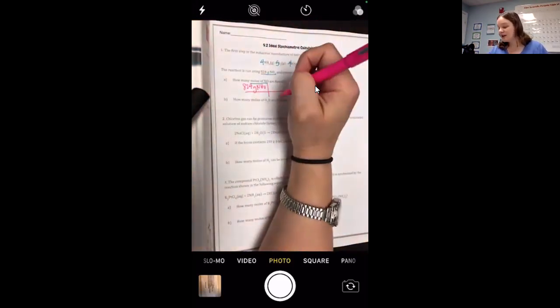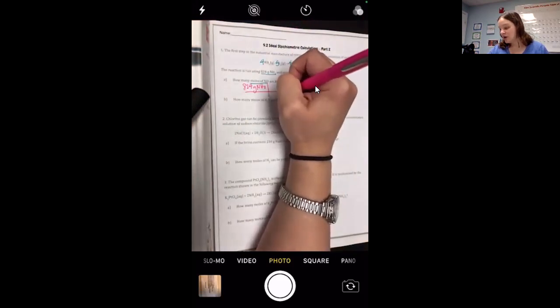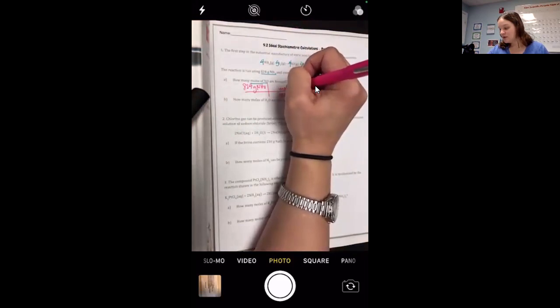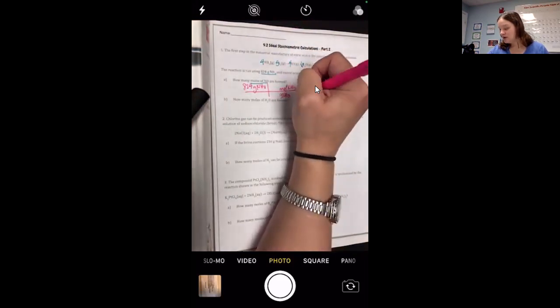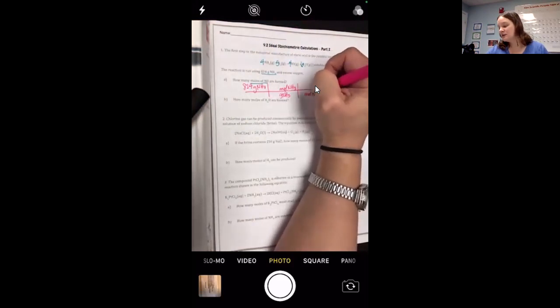Because I'm given grams, the first thing I need to do is a molar mass conversion, where I go from grams of NH3 to moles of NH3. And then my second step will be to go from moles of NH3 to moles of NO. And that's what I'm looking for, so I can stop at that point.